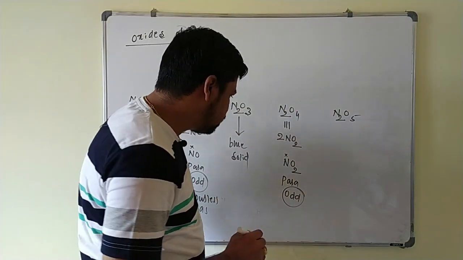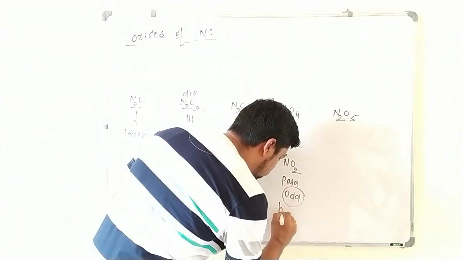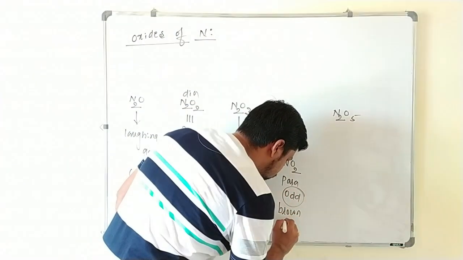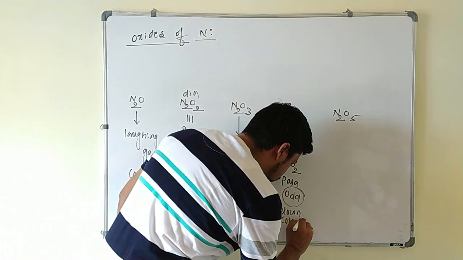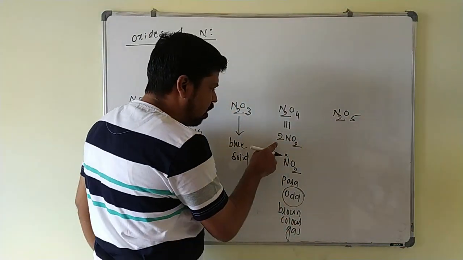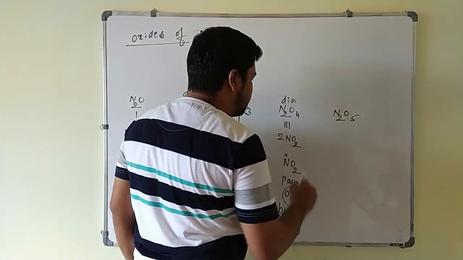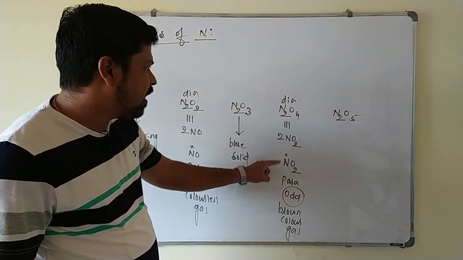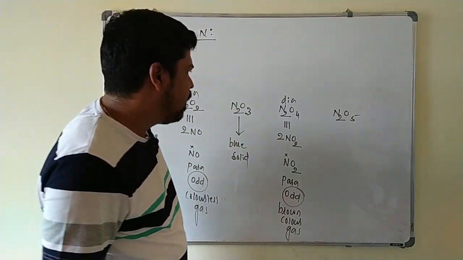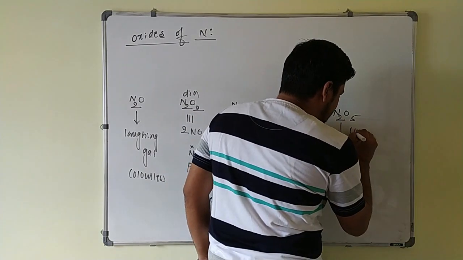This NO2 is a paramagnetic odd electron molecule, and it is a brown colored gas. Okay. Next, on dimerization, this N2O4 becomes diamagnetic, whereas NO2 is paramagnetic. Next, N2O5 is a colorless solid.